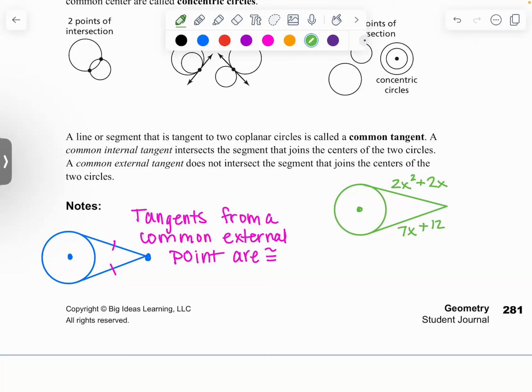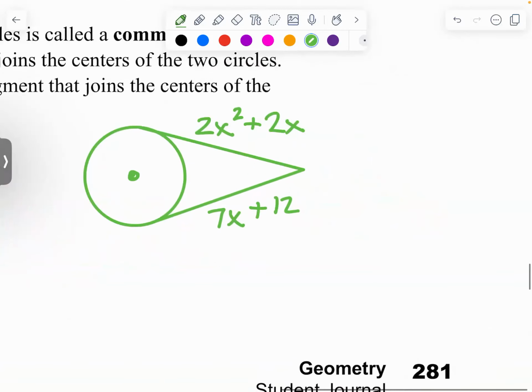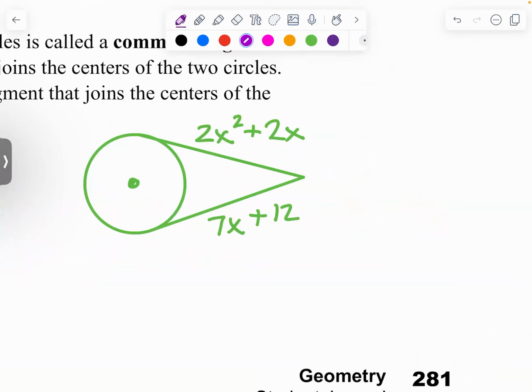Okay, so let's say I gave you a problem that looks like this. What would you have to do? We would have to set them equal to each other. So we would have to say, hey, 2x squared plus 2x equals 7x plus 12, because we know that those two tangents from a common external point are going to be congruent.